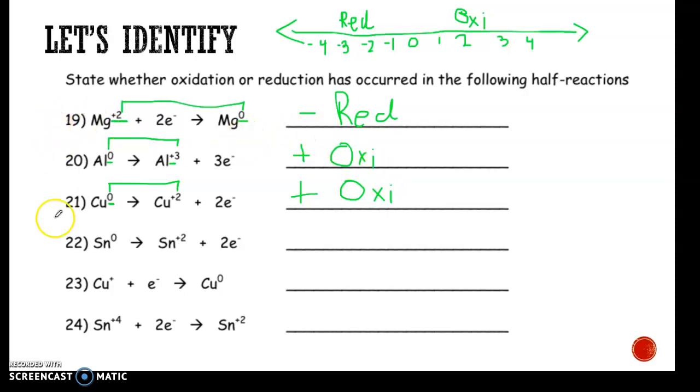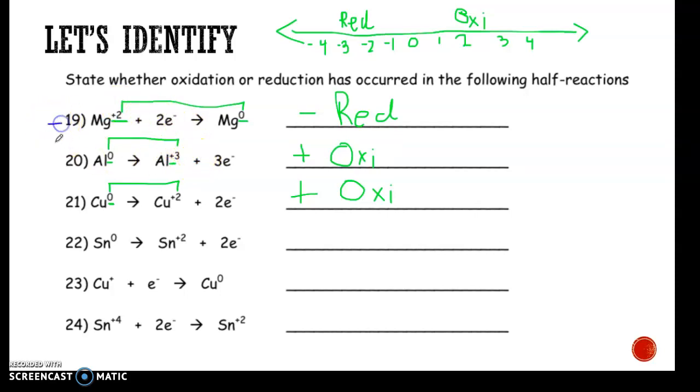Now, one thing I do want us to focus on is number 19 and number 20. If we look at those, hopefully you can see the difference between the two. Pause this and see if you can see the difference.